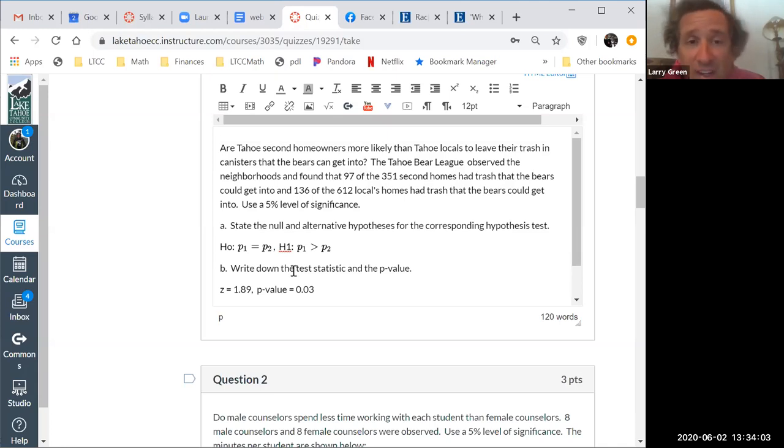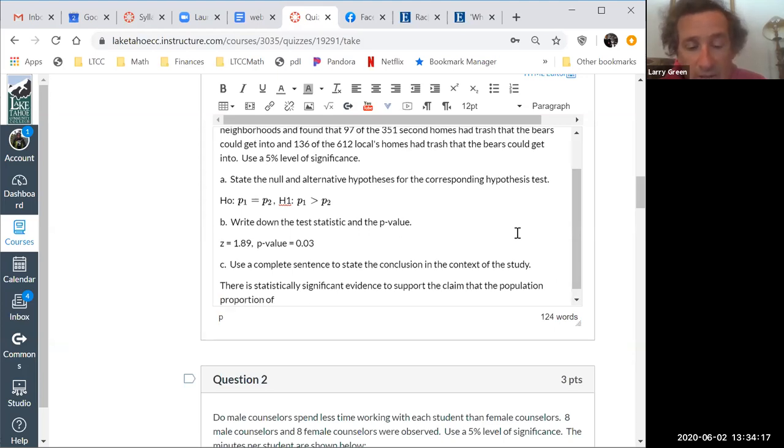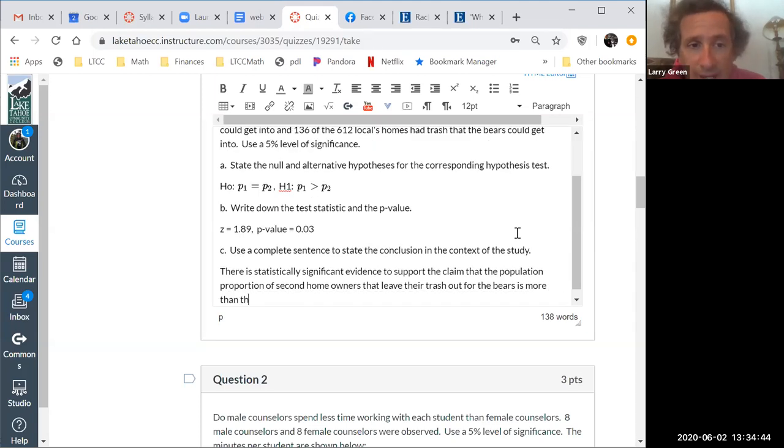And we're looking at Tahoe second homeowners versus locals, so that the population proportion of second homeowners that leave their trash out for the bears is more than the population.